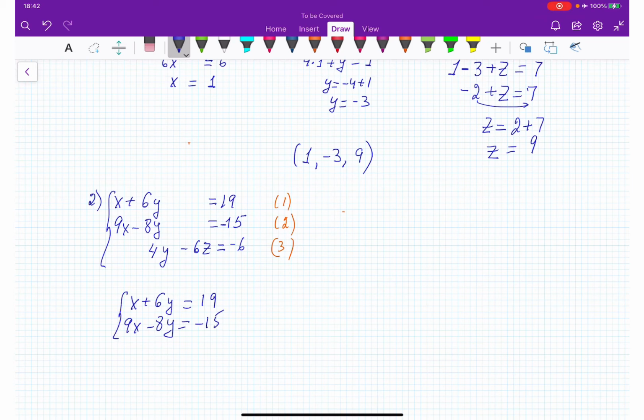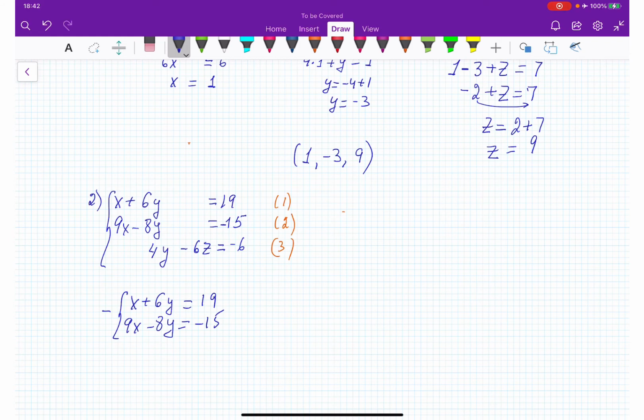If I find out y from here, I can plug it into the third one and find z. But if I find x, it's not going to help me because in the third one I don't have x, right? Okay, so let me combine.